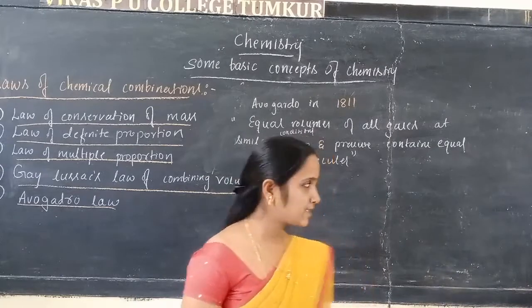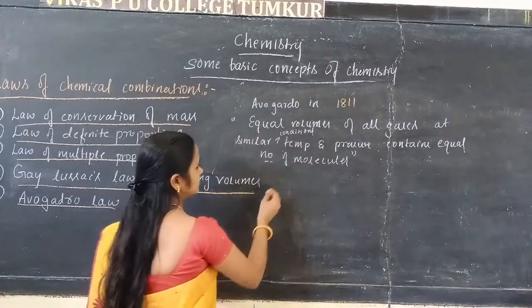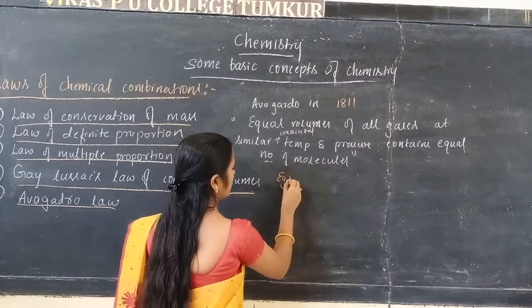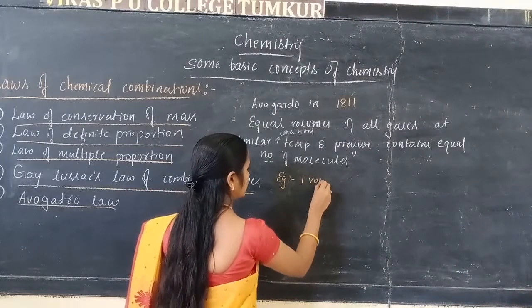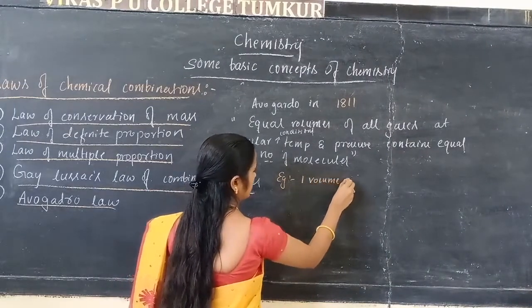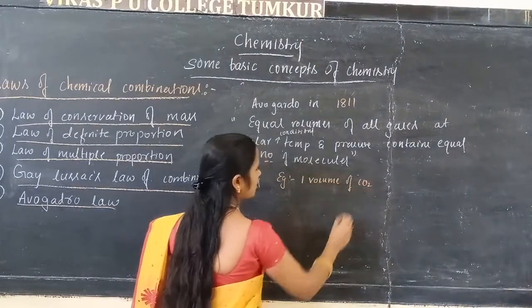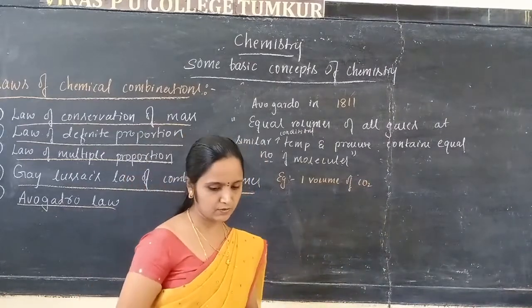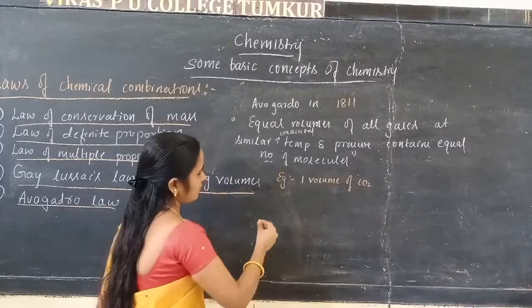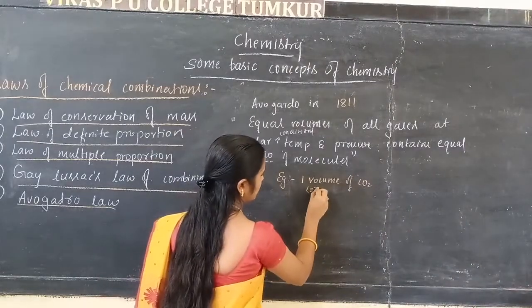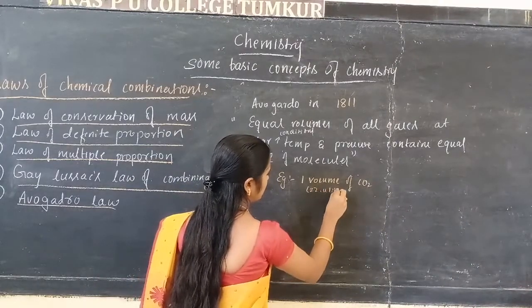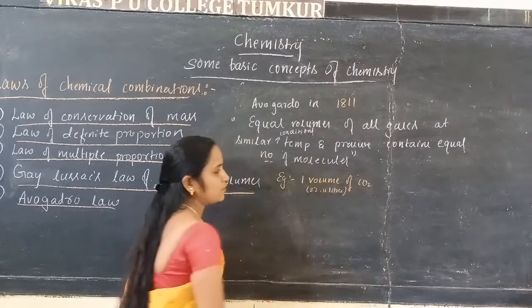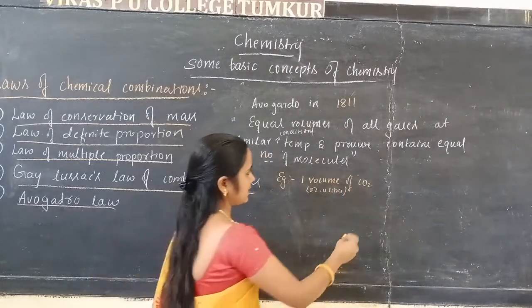Suppose we take the example of one volume of CO2. One volume of CO2 means 22.4 liters of CO2 at STP.